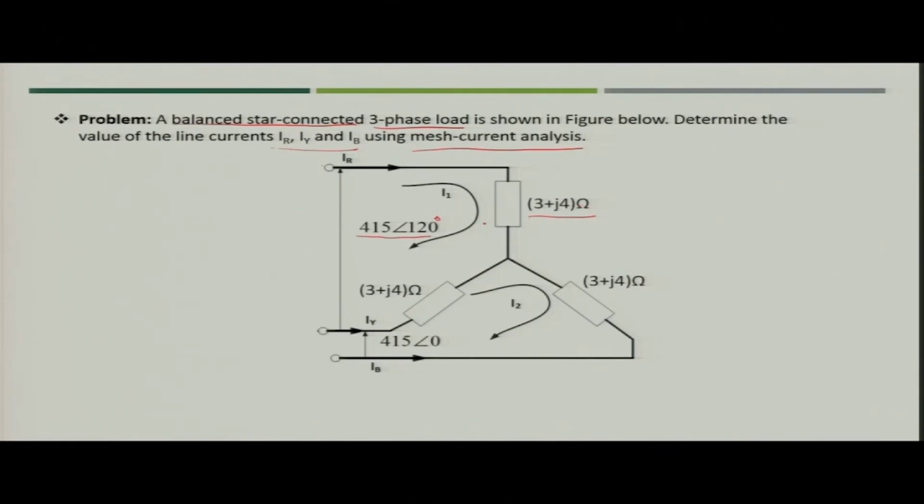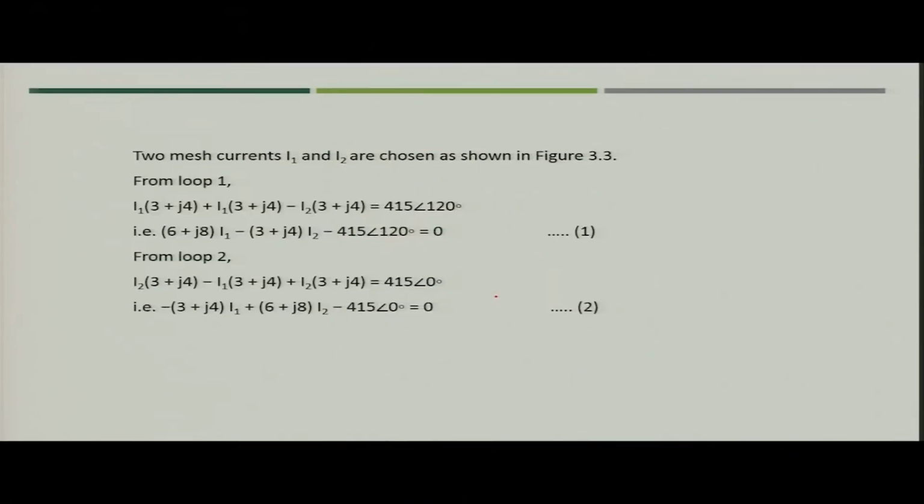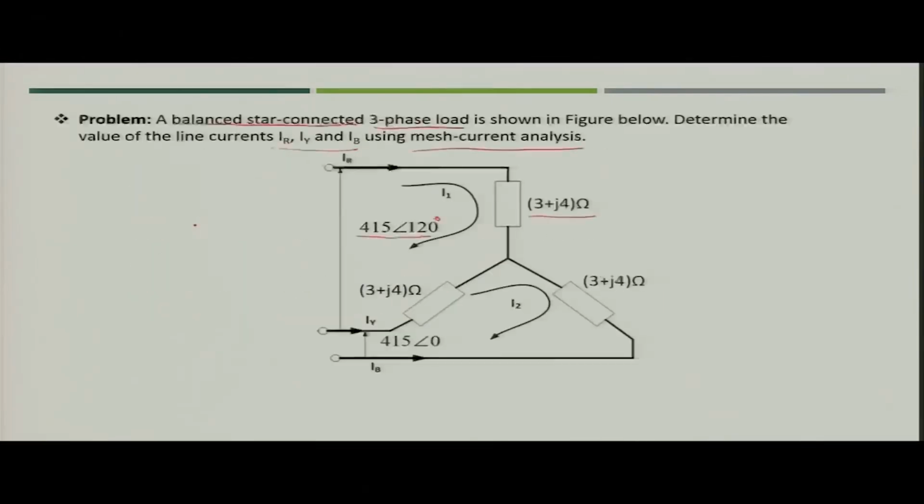Now, we have to apply mesh current analysis. So, we will have essentially two meshes which we can create. Say, let us say that in this particular mesh current is flowing as I1, in this mesh current is flowing as I2. So, now the two mesh currents you can use and apply KVL for both of the loops. For loop 1, if you apply, what will be the value? So, I1 is flowing through this.